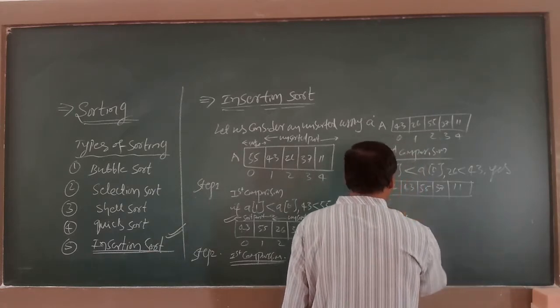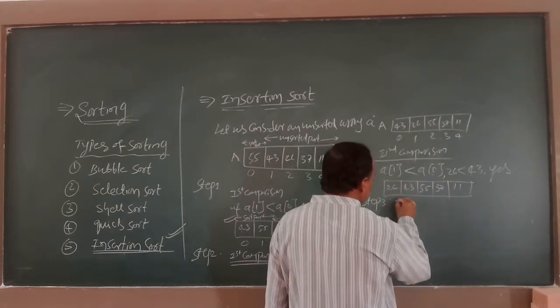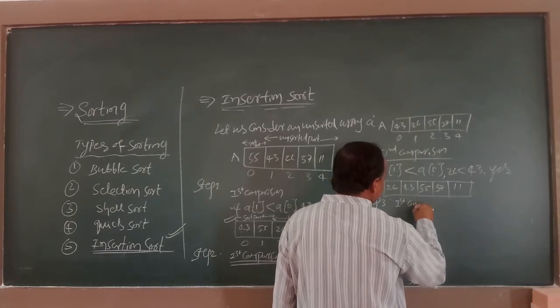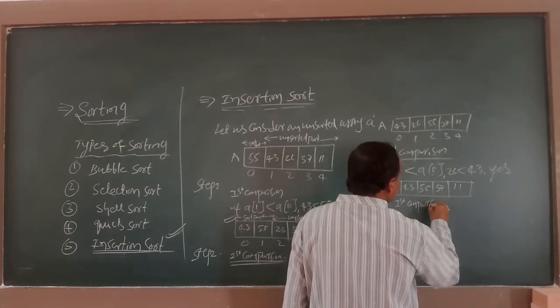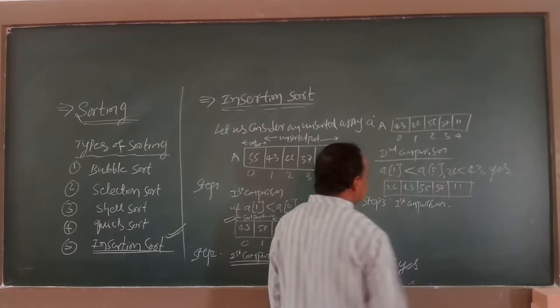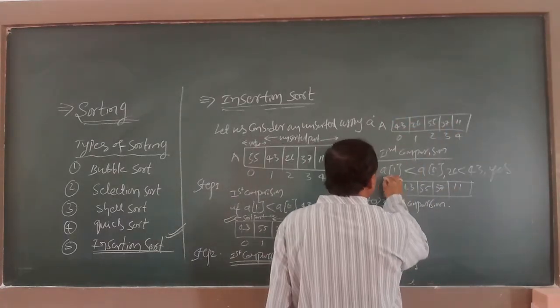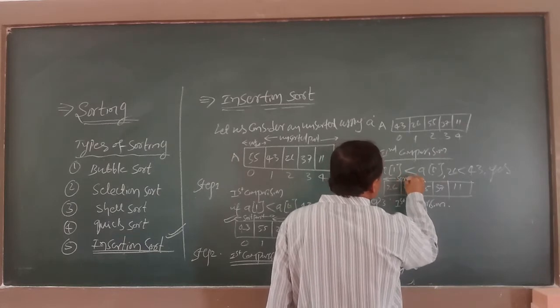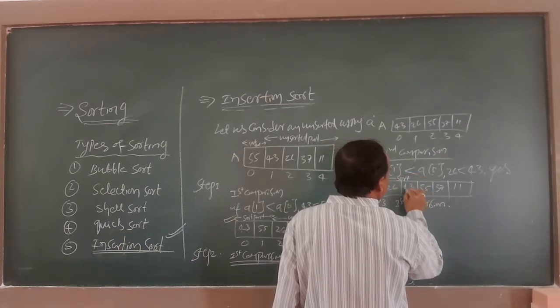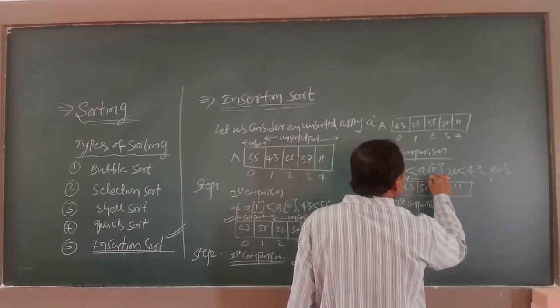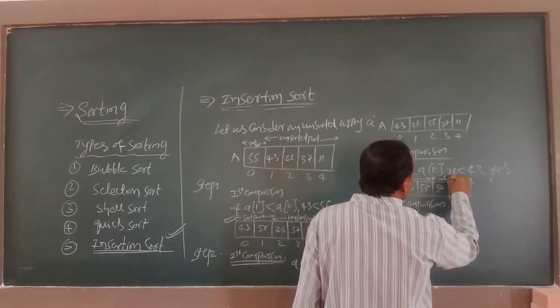In step 3, what is the first comparison? Take the next location. This is the sorted part, up to here, and these two are the unsorted part.